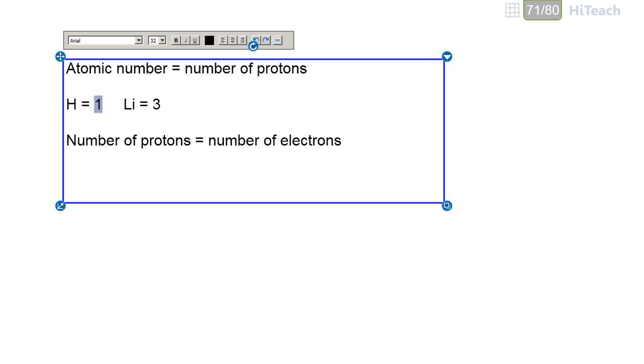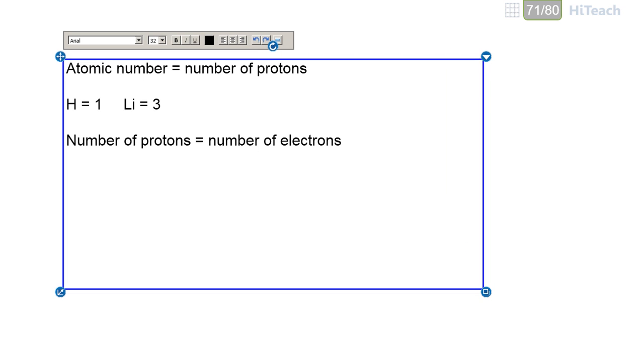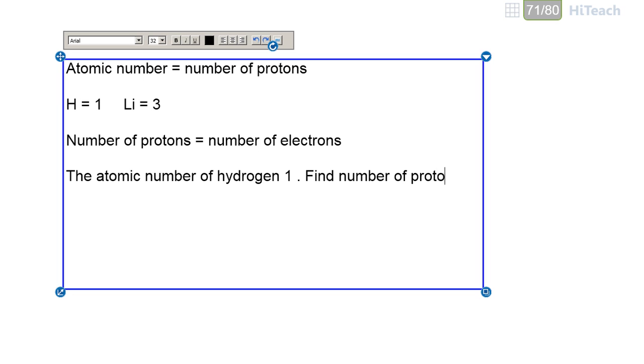I'll give you this example, maybe in the exam I'll give you something like this. The atomic number of hydrogen is 1. Find the number of protons and the number of electrons.